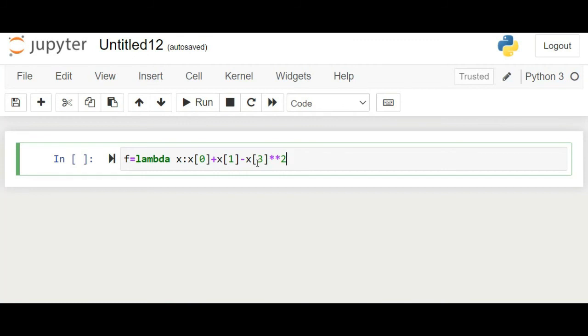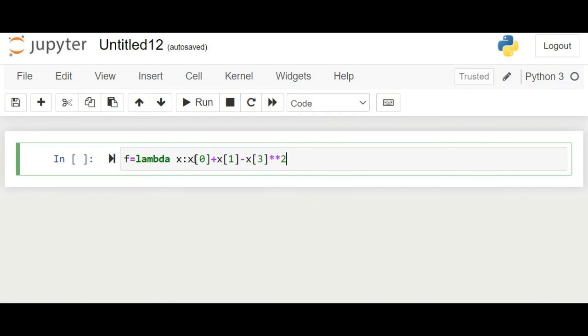Okay, yes, x3 means that this will be x4. So x0 means x1, and x1 means x2, and this is x4 because 2 is missing, so this means that this is x4 square. So our function is x1, x2 minus x4.